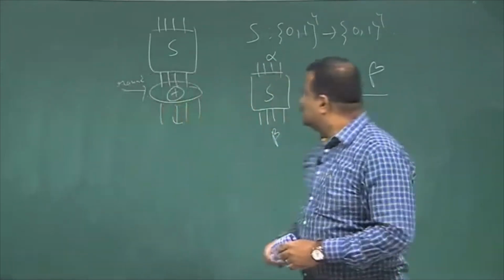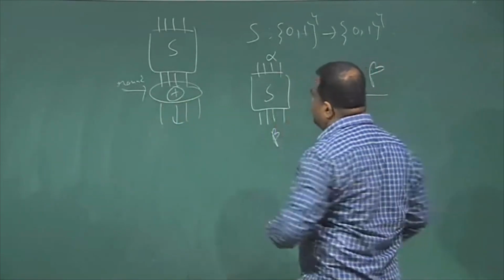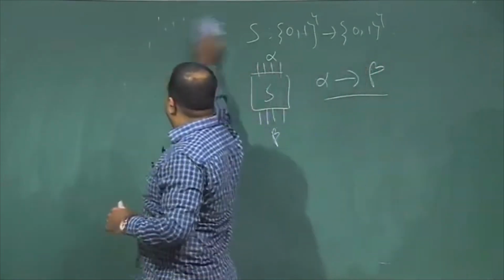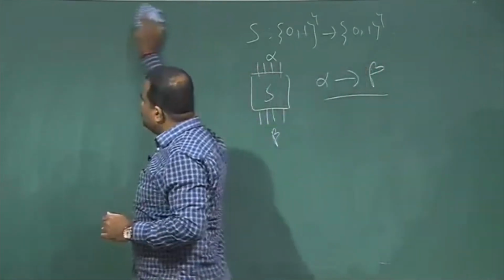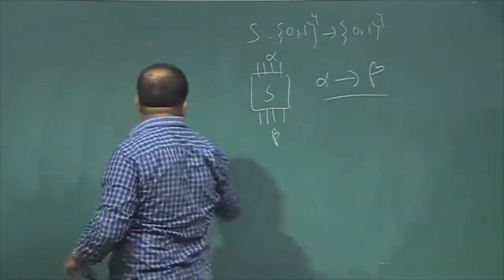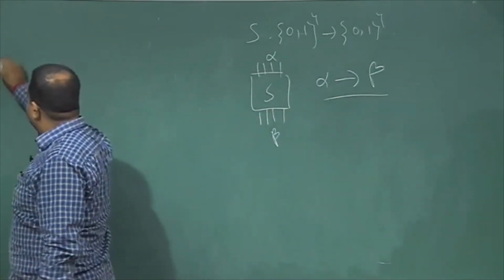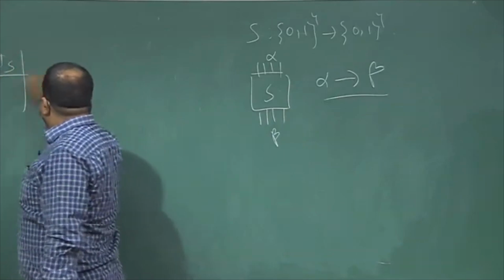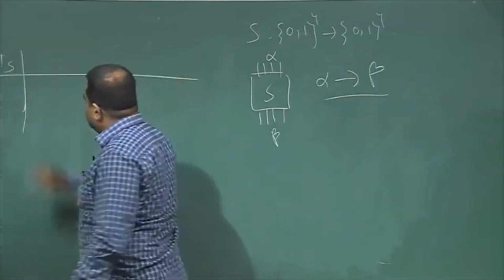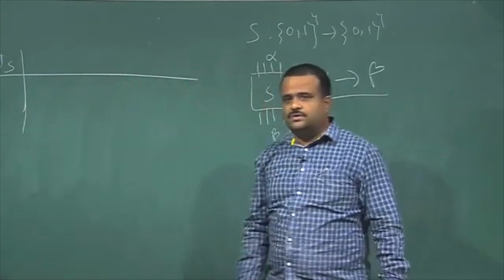Okay. So suppose we take this S box as the SPN S box. We have seen the SPN S box. Suppose this is 4 bit to 4 bit. So we can write this S box function like this. A 4 bit value can be written in hexadecimal form, 0 to f.